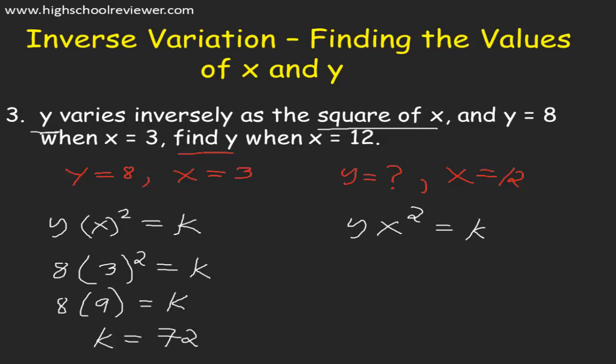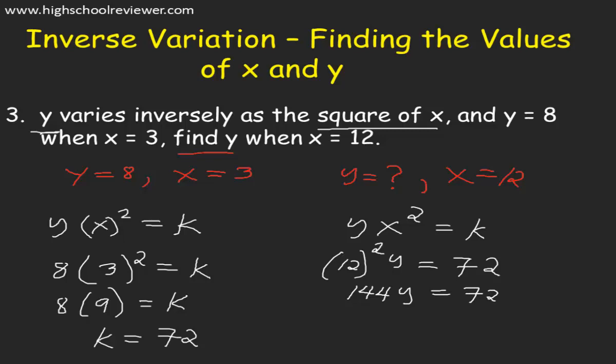Our y is the unknown, and our x will be 12 raised to 2 equals k, which is 72. So we have 12 multiplied by 12, or 12 raised to 2, that will give us 144. 144y equals 72.